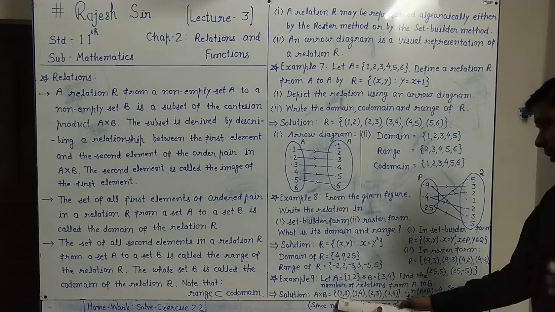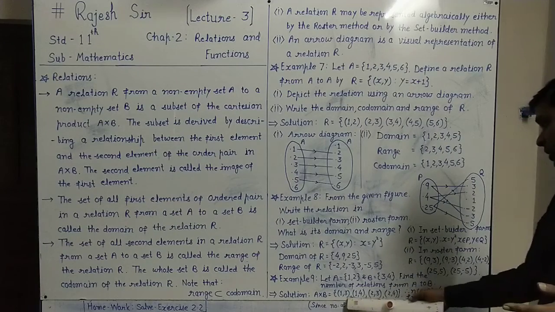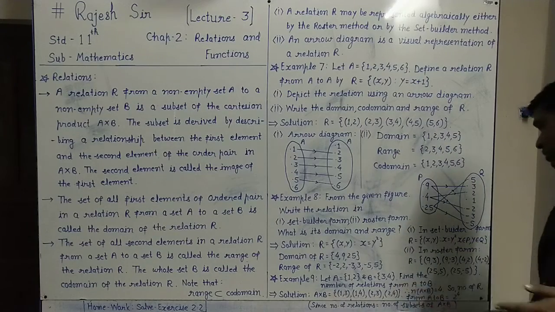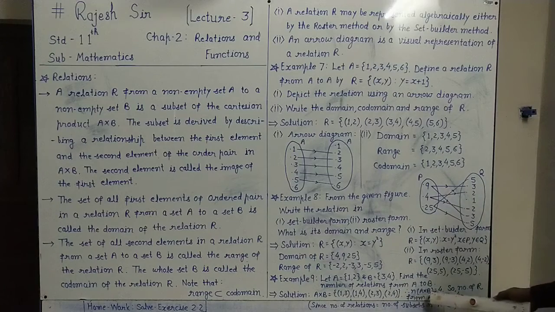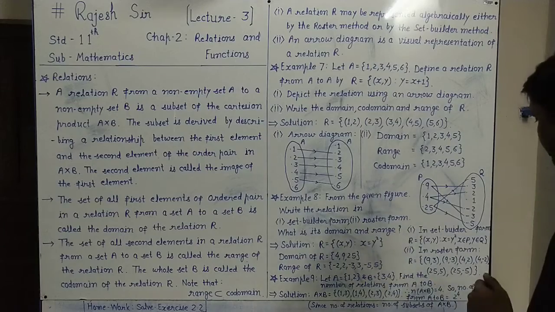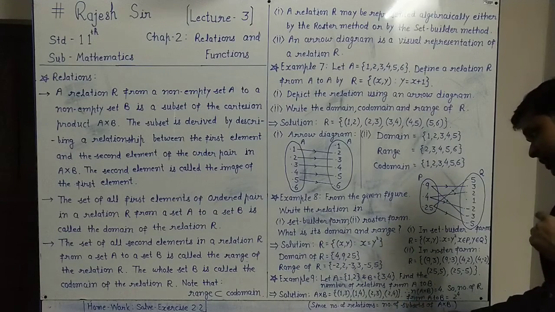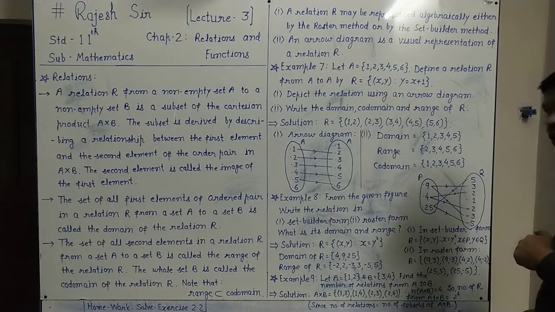So totally how many elements do we get in A cross B? 1, 2, 3, 4. So the number of elements in A cross B is 4, right? So the number of relations from A to B is 2 raised to 4. Why? Since the number of relations equals the number of subsets of A cross B. Again the question, why?